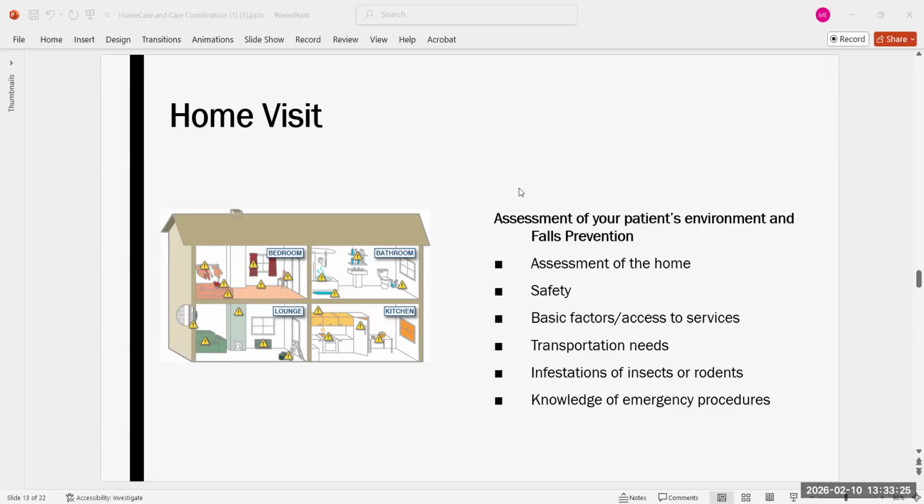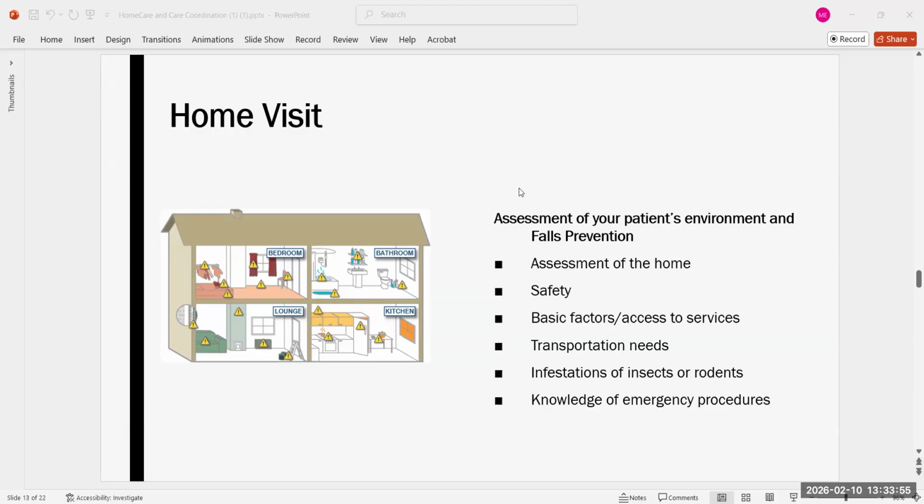So when assessing the home, when looking for safety, you want to pay close attention to what's around you. Are there rugs that are non-secure? What do the electric outlets look like? Is there the presence of extension cords going along the floor? Does the patient use oxygen? Are they doing things in the home that they shouldn't be with oxygen, like smoking? Are there portable heaters?